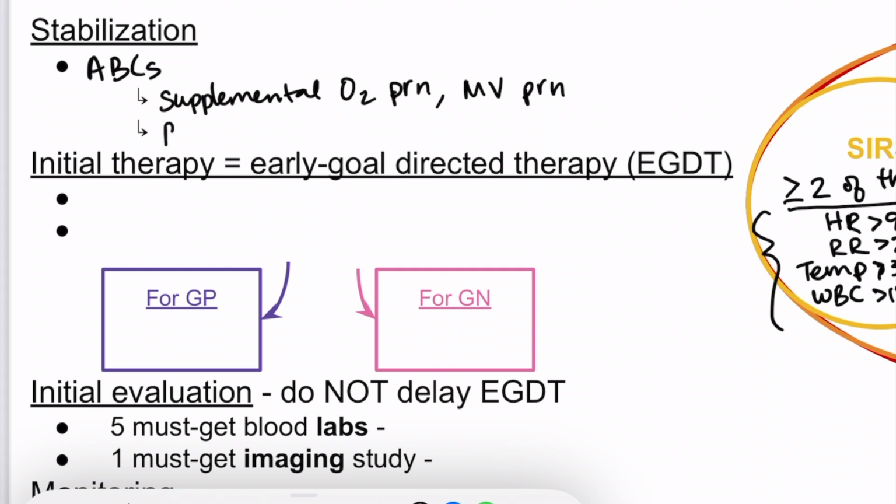And if they don't have IVs in place, we'd want to get 2 peripheral IVs, large bore, ideally, in case you think you need to transfuse blood products or give fluids. And then plus minus on a central venous catheter. Not all patients need this, but if you anticipate having to give large volumes of fluids, this is something to consider. And if this patient needs a central venous catheter, they probably need to go to the ICU.